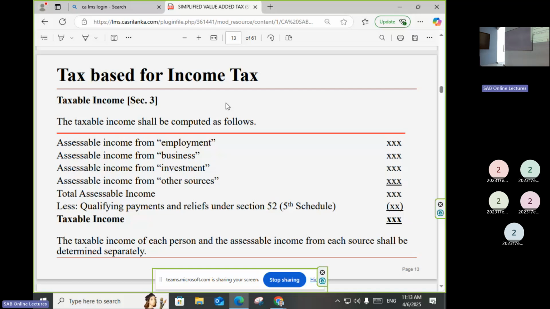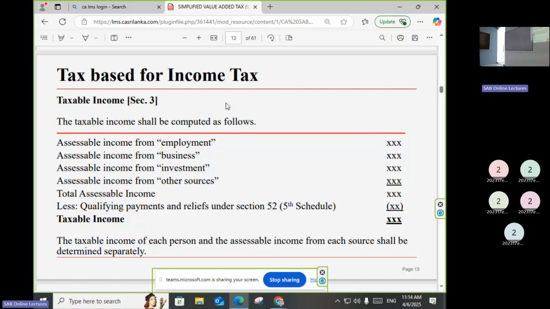From that total assessable income, we can deduct only two items. One is called qualifying payment. The second is called relief. Whatever income comes through these sources of assessable income, only two items we can deduct. That is qualifying payment. But we don't know what a qualifying payment is. A payment could be some sort of expenditure.